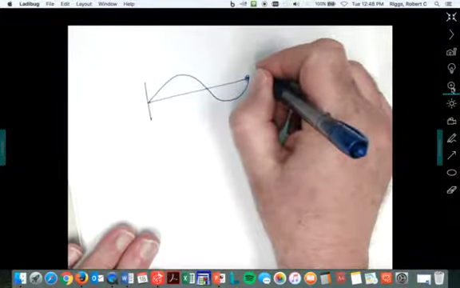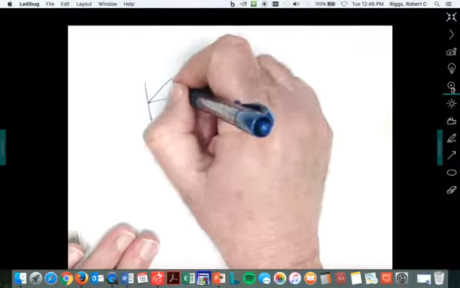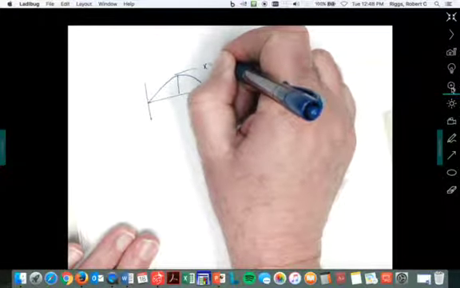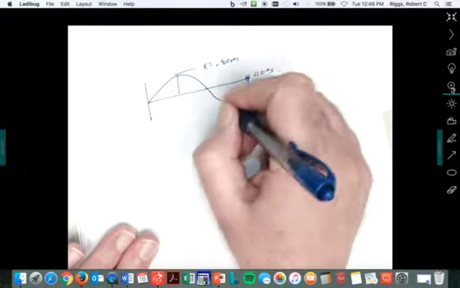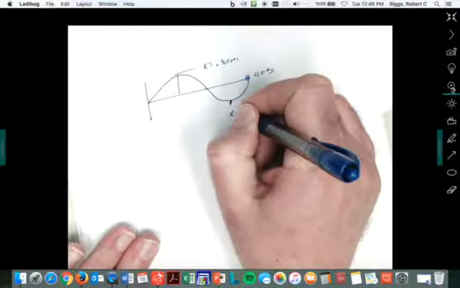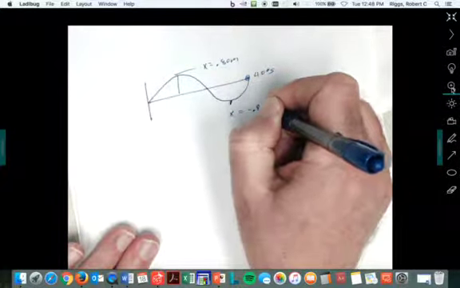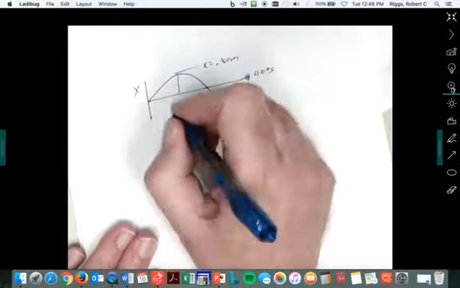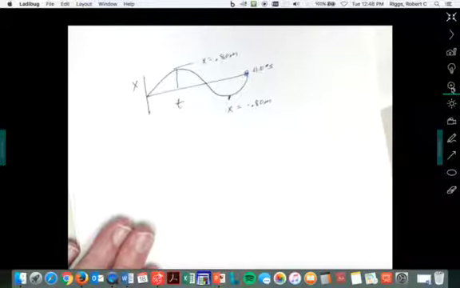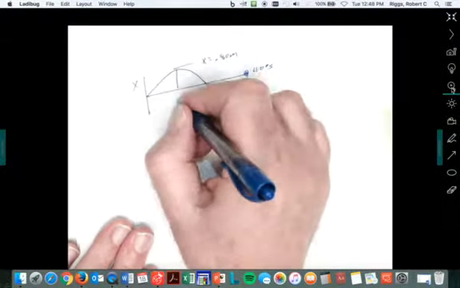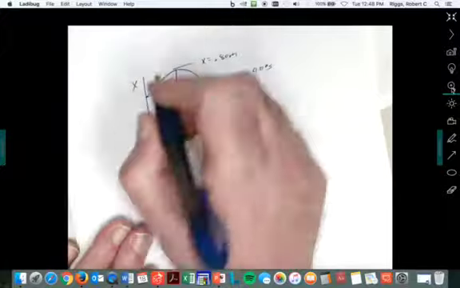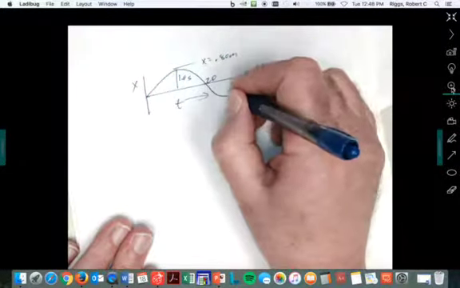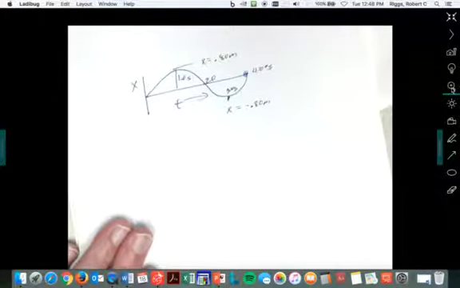If this is 4.0 seconds, this is x equal to 0.80 meters, and x equal to negative 0.80 meters. Now you might be going, well, that's on the right. Yeah, this is your x-axis. This is your time axis, not your x-axis. This is time moving along here. And so here's a quarter: 1.0 seconds, 2 seconds, 3 seconds.